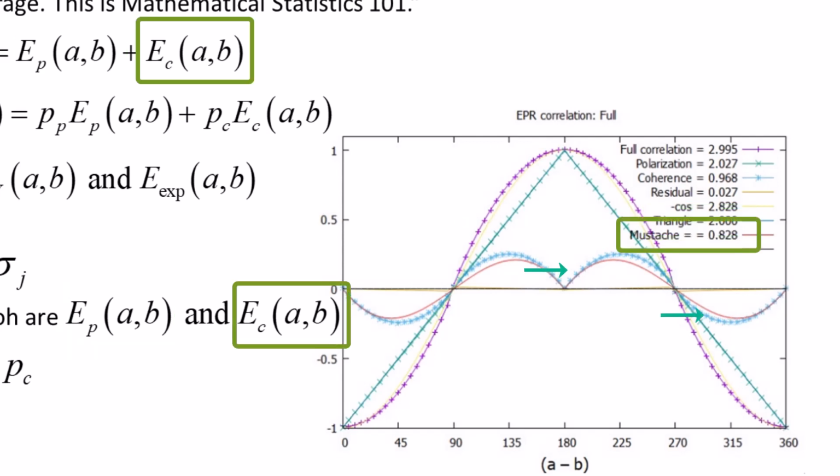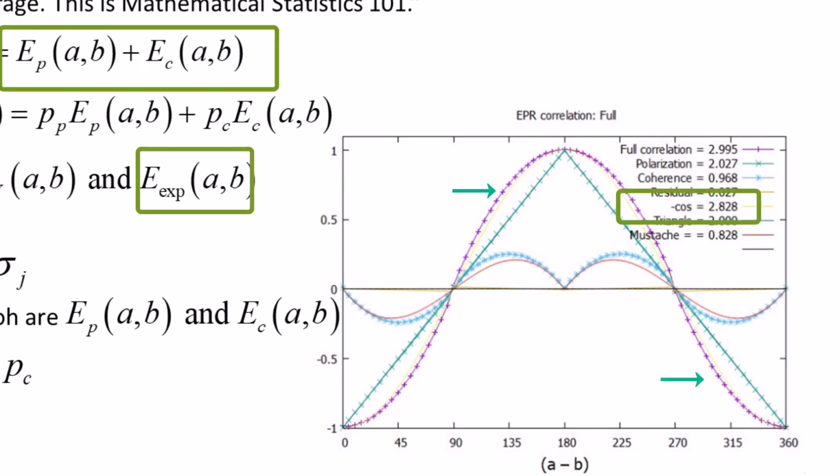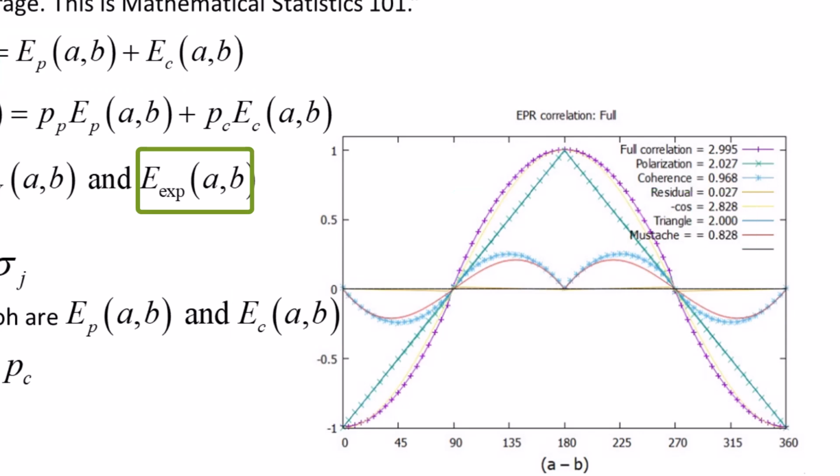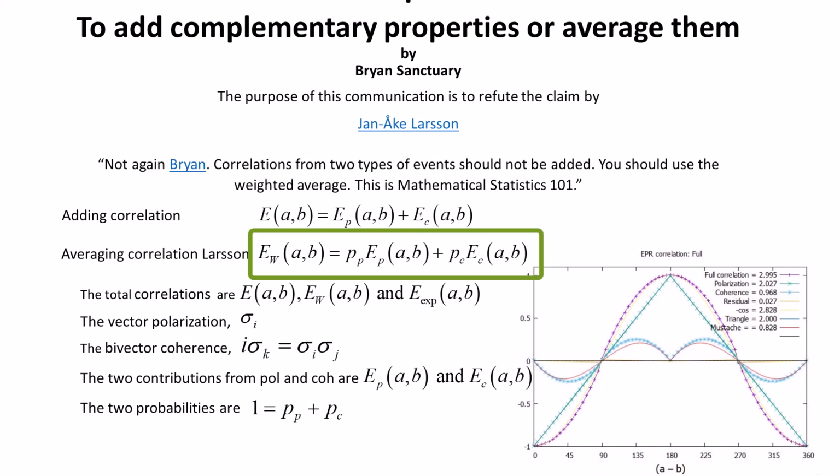The coherence that gives the mustache function and its correlation leads to the apparent violation of Bell's inequalities. The observed correlation is the cosine-like curve, which is the sum of the two. For Larsson's weighted sum, we also need the probabilities for each, and these are denoted by P sub p and P sub c.